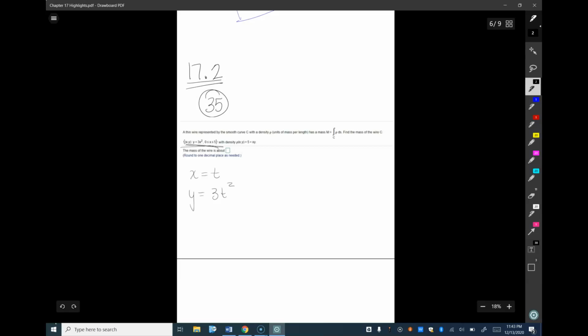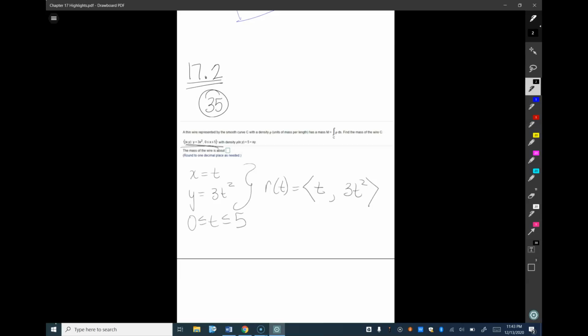X goes from 0 to 5, and for us, we said x is equal to t. So this is going to be on t from 0 to 5. And if you want to, you can write that as a path or a vector valued function. We've got components t and 3t squared.